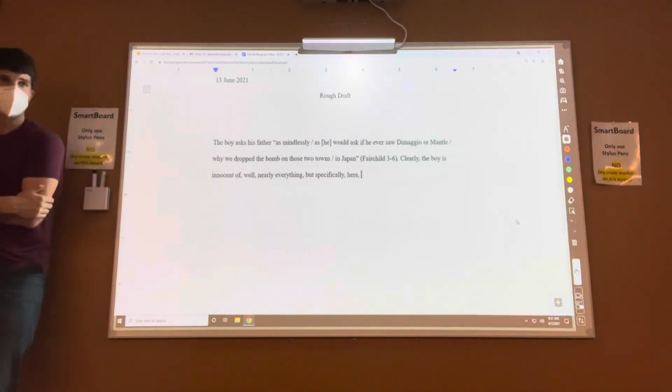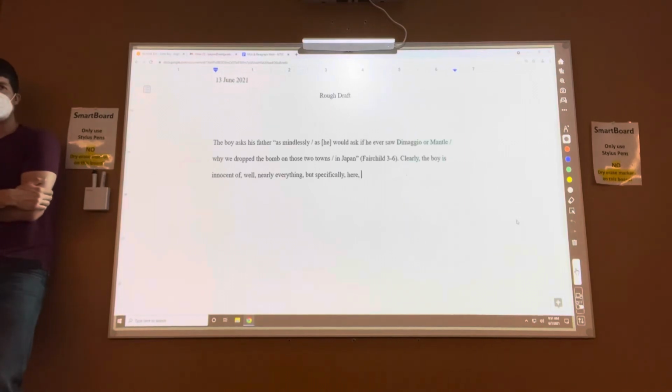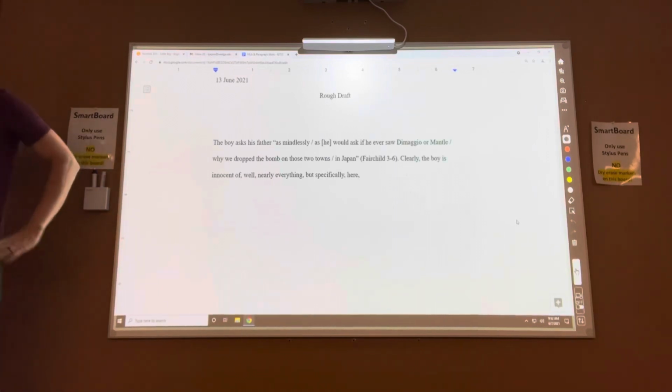Context and consequence. Yeah. Because he's asking why it happened, so he doesn't know much about the rest of the war other than what he's been told a little bit. So he doesn't really understand what happened, and he doesn't really seem to know much about all the destruction and all the deaths caused by it as well.